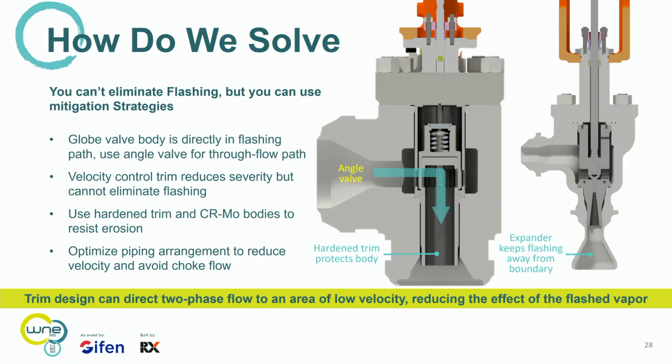Okay? What we can do is design trim that directs the two-phase flow to an area of lower velocity. The ideal situation is you put an angle valve in here. This is going to flash, all right? I'm going to put some special long seat ring here that takes that flashing away from the valve and blows it into the pipeline.